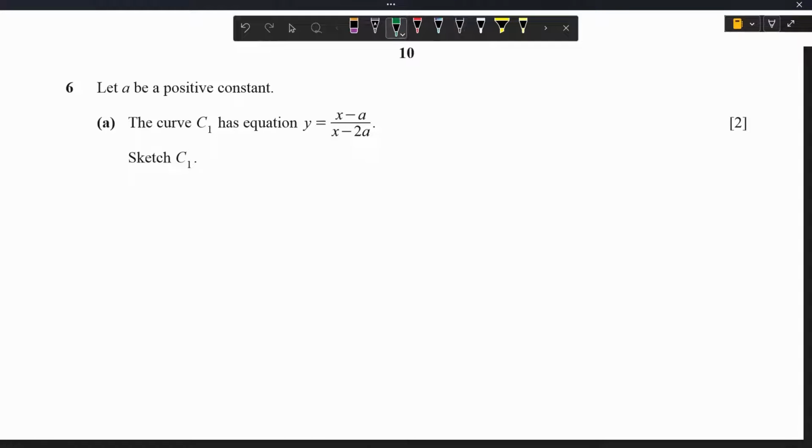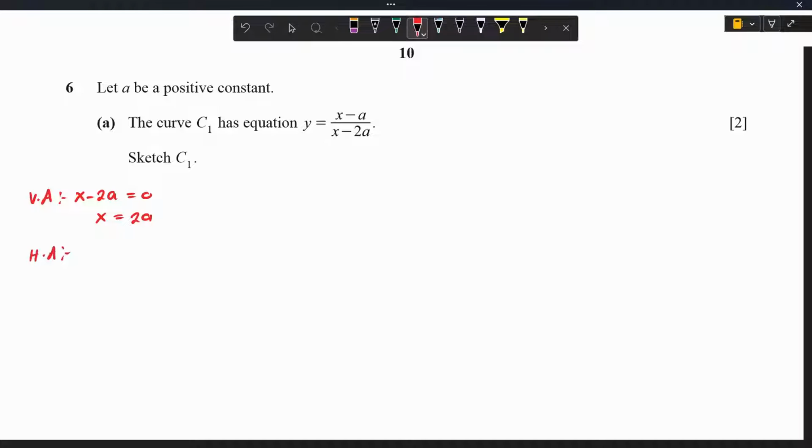a few important things. Firstly, we need to know what the asymptotes are. For the vertical asymptote, we find that by equating the denominator to 0. So x − 2a = 0, so x = 2a. Now, we also have a horizontal asymptote.